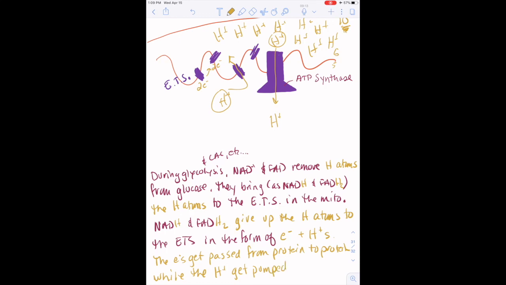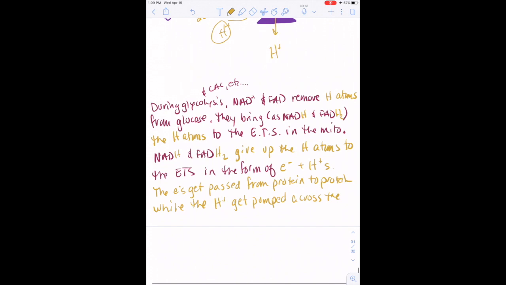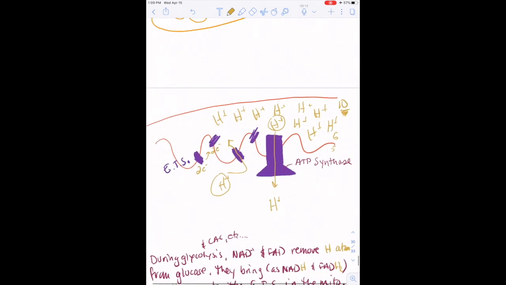And they get stuck in this intermembrane space here. This creates a concentration gradient that's not stable.